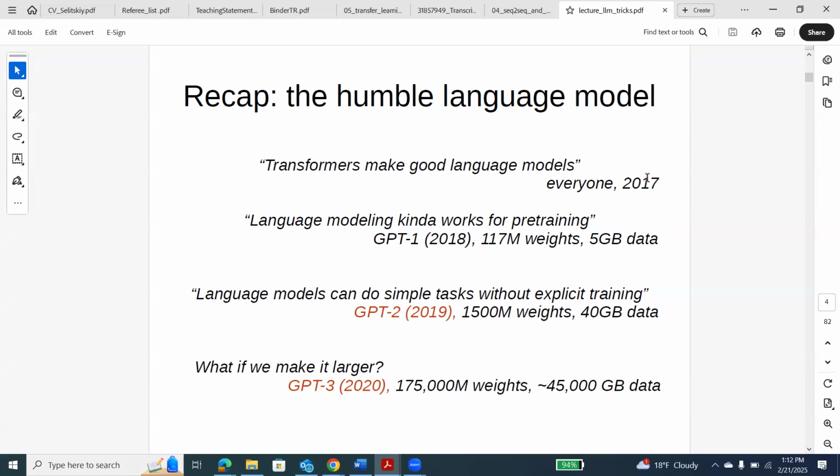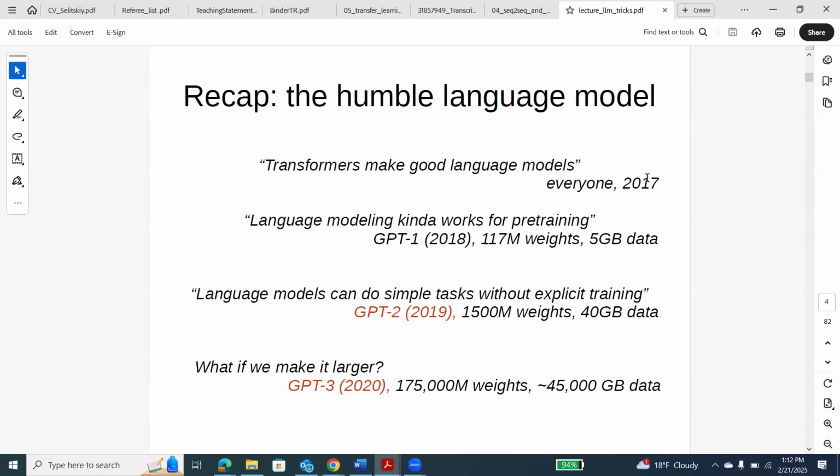For the next model, the size increased about 10 times, and it was trained on also about 10 times more data.